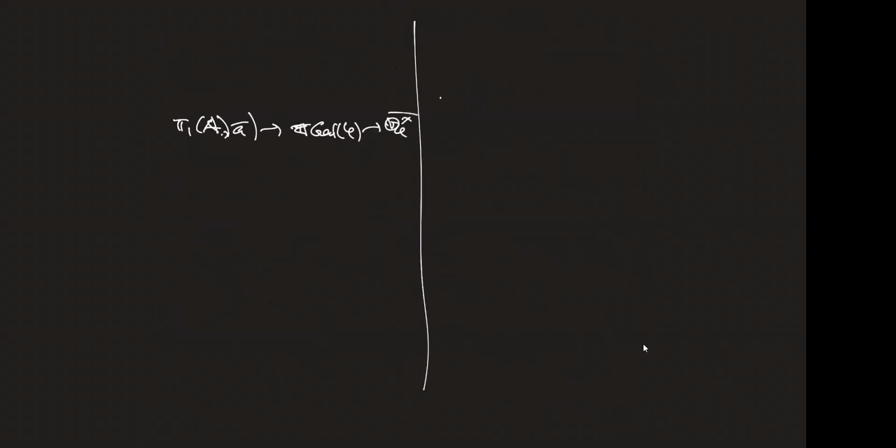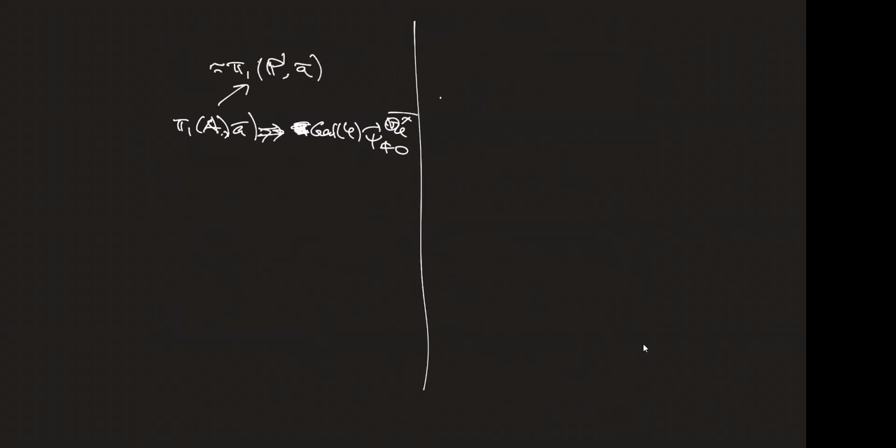We have this character that we started off with. And we have this surjection from the fundamental group of the affine line to the Galois group of the Artin-Schreier cover, right? Now we have the inclusion of the affine line into P1, which induces a map from pi1 of A1 into pi1 of P1.